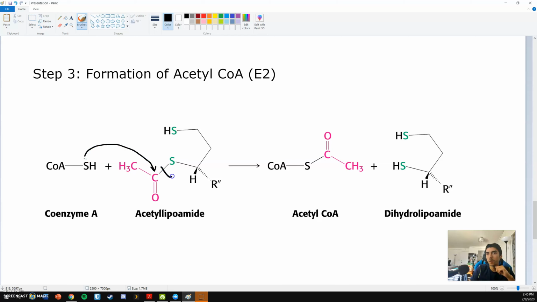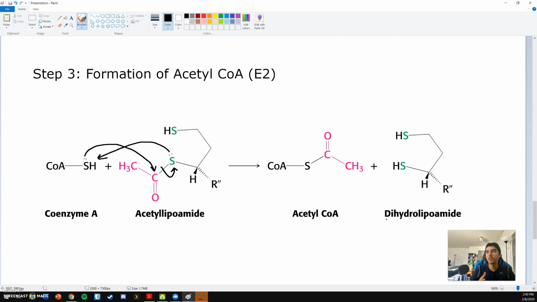As a result, this bond breaks, such that this lone pair on sulfur can grab that hydrogen. So what we're forming here is ultimately our product that we want, which is acetyl CoA, and then this new product, dihydrolipoamide. So steps 1 through 3, we see that we ultimately form the product that we need for the citric acid cycle, which is acetyl CoA.